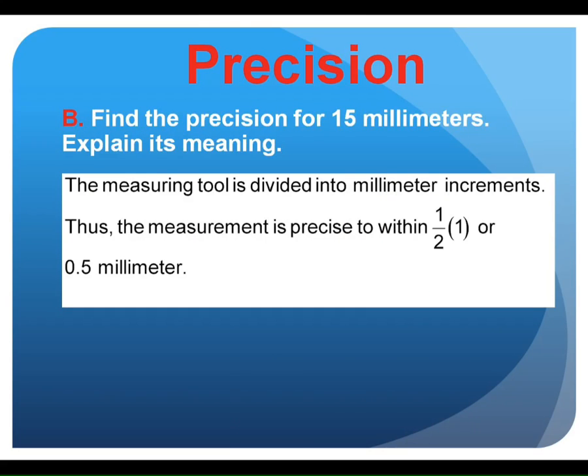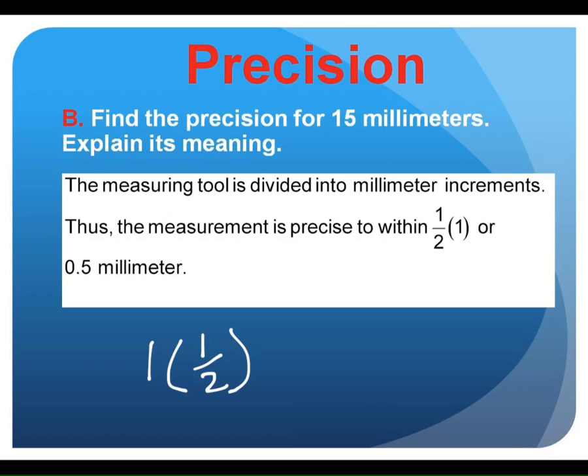Find the precision for 15 millimeters. So the first thing we always want to do, what's the smallest unit of measurement they used? So on this ruler, what's the smallest piece they used? Millimeters. They used 1 millimeter, right? That's the smallest piece they use. So when you are asked to find precision, you're always going to take the smallest unit, which was 1 millimeter, and you always multiply by 1/2.